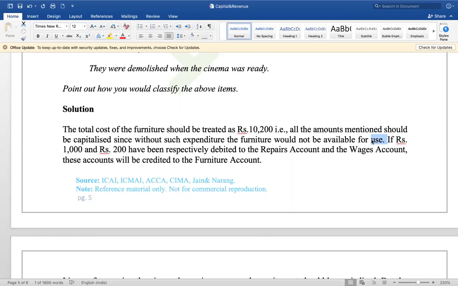Let's say the wages for the laborers is 1,000. You have to remove this 200 from the 1,000, make the wages 800, and add this 200 to the asset cost of the furniture. Are you getting me? Yes. So you have to add it here.